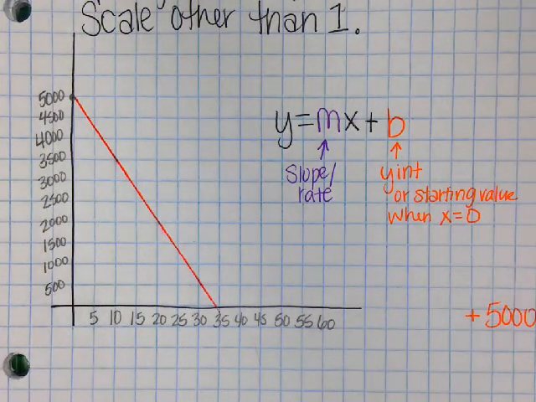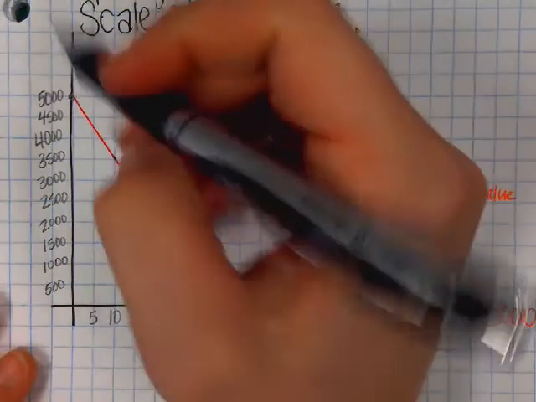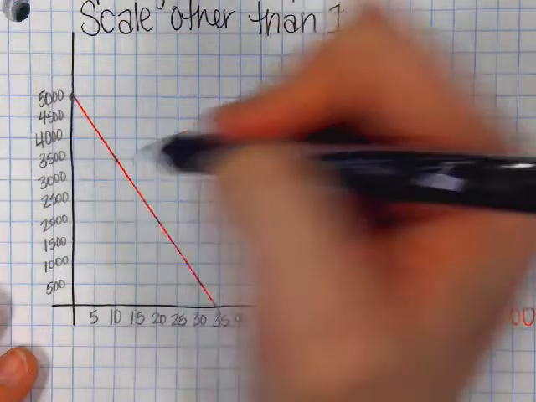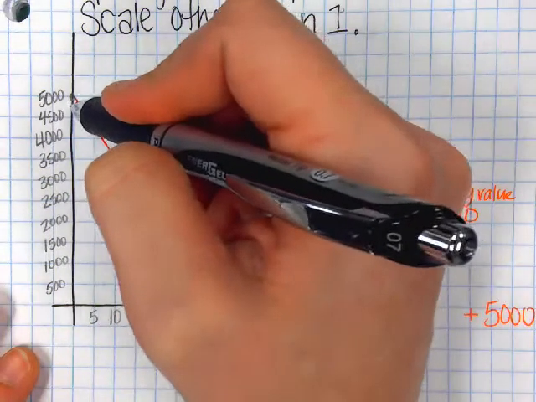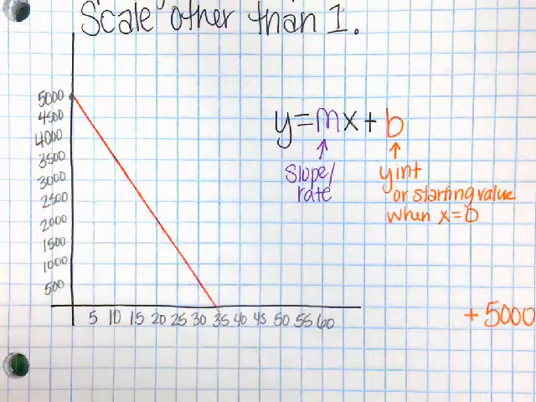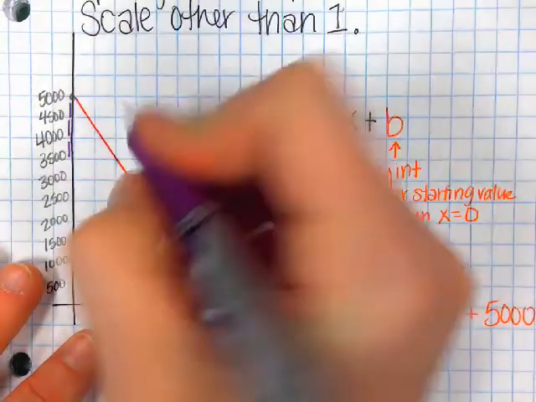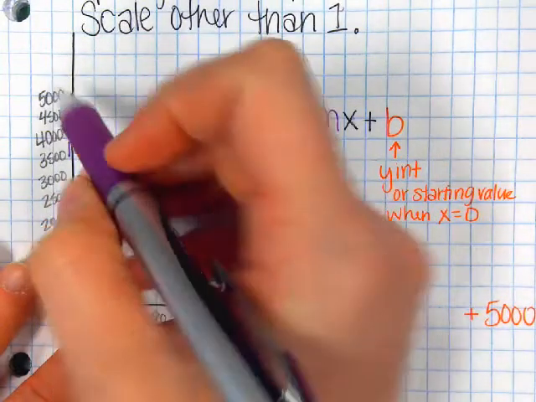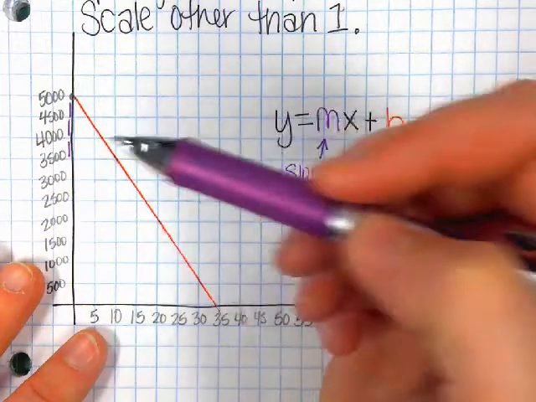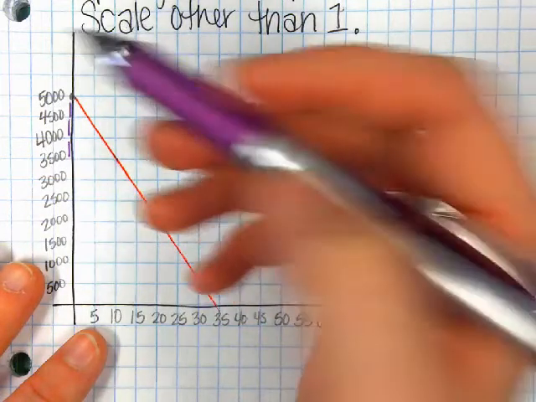Okay, now, for finding slope, if you're not very good at just counting down and over, remember, it's not down 1, 2, 3. You actually have to go 5,000 minus 3,500.